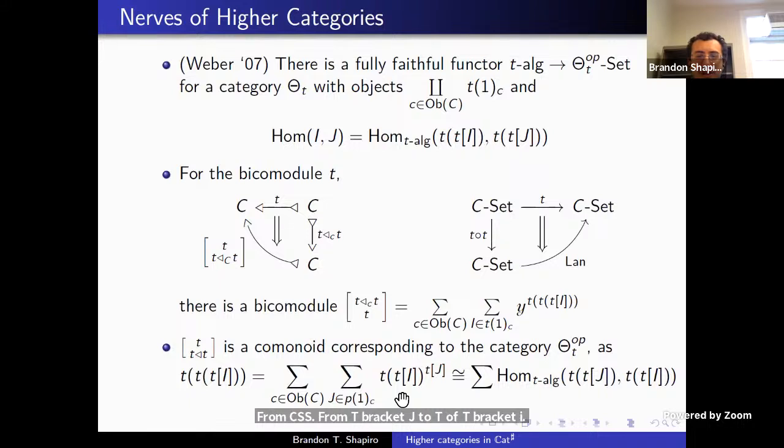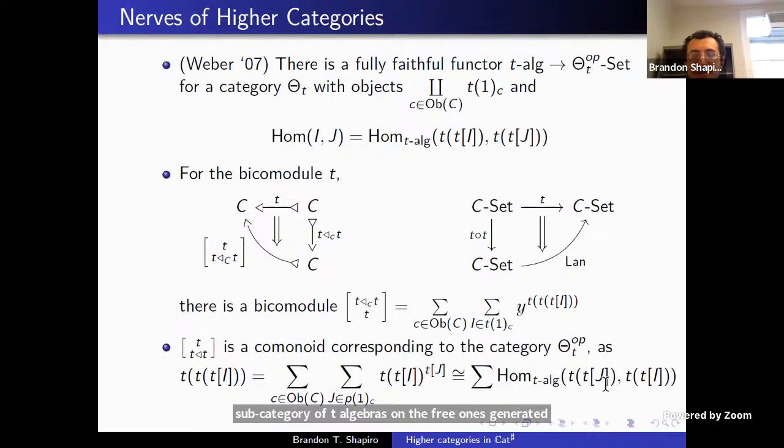And then we can use the standard adjunction coming from monad theory, the adjunction between T algebras and C sets, to get that this is precisely the set of algebra maps from the free T algebra on T bracket J to the free T algebra on T bracket I. And that's particularly the set of morphisms in theta T op from I to J. We defined theta T as the full subcategory of T algebras on the free ones generated by the arities.